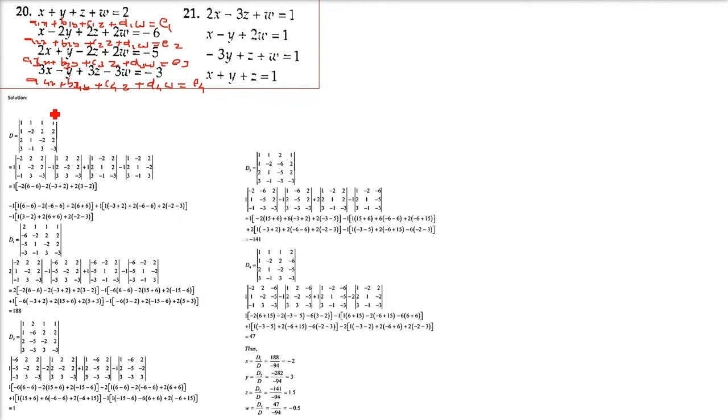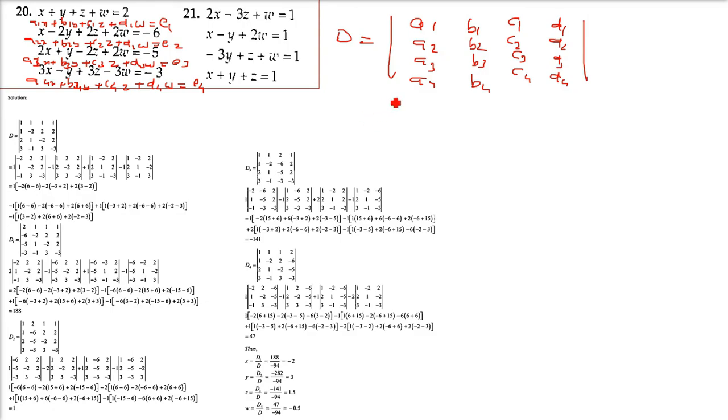Now when we solve this, the D will come as A1, A2, A3, A4 in the first column, B1, B2, B3, B4 in the second column, C1, C2, C3, C4 in the third column, D1, D2, D3, D4 in the fourth column. So let me just write the values here. So we have 1, 1, 2, 3 here.